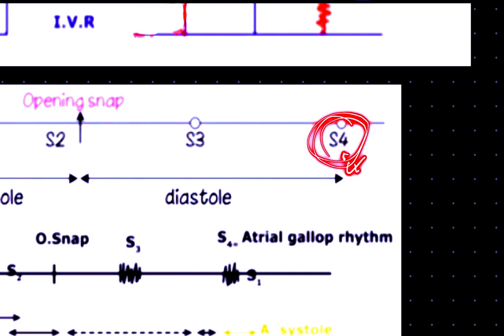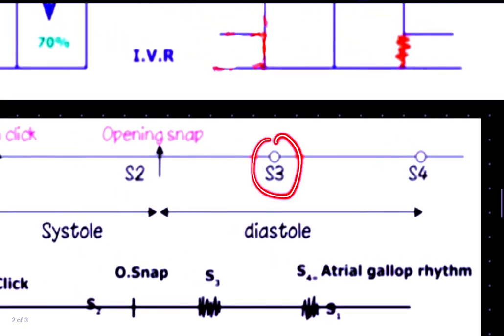This S4 is because of excessive force generated by the left atrium, and it is heard after or during the phase of atrial systole. So S3, as I've already mentioned, is just after ventricular systole, so it is ventricular gallop rhythm. S4 is related to atrial systole, so it is called atrial gallop rhythm.